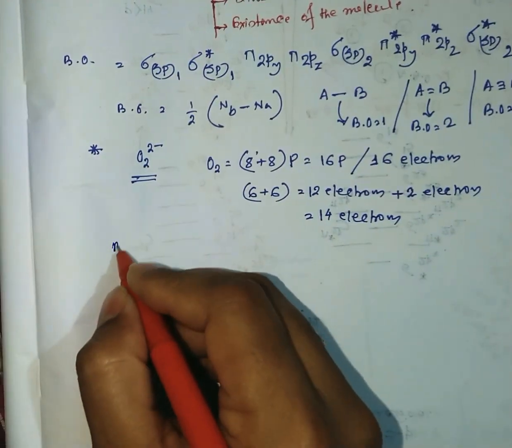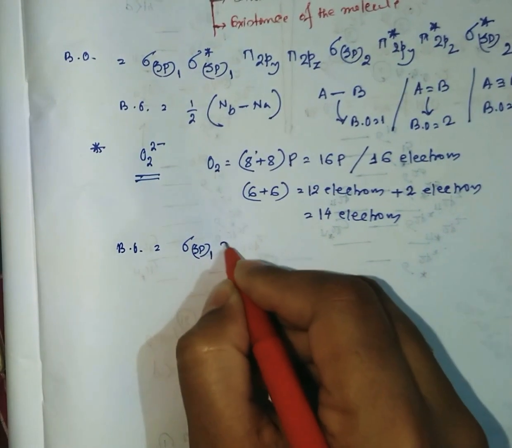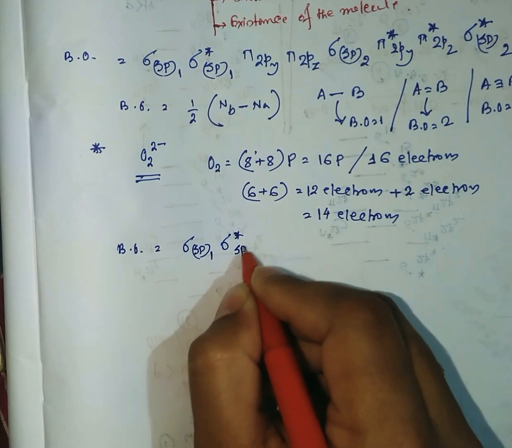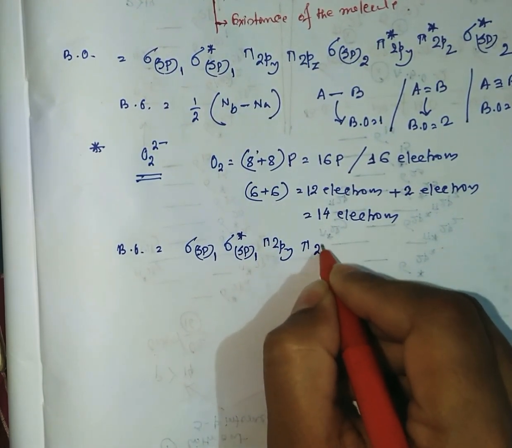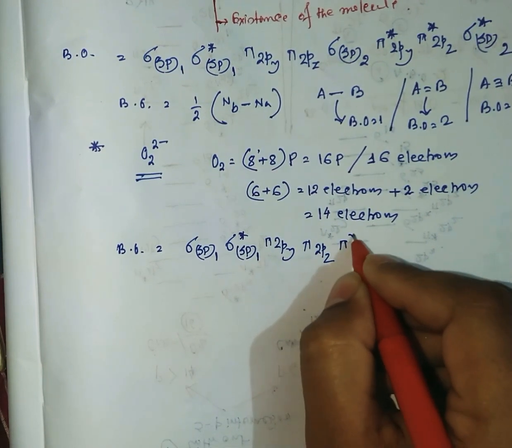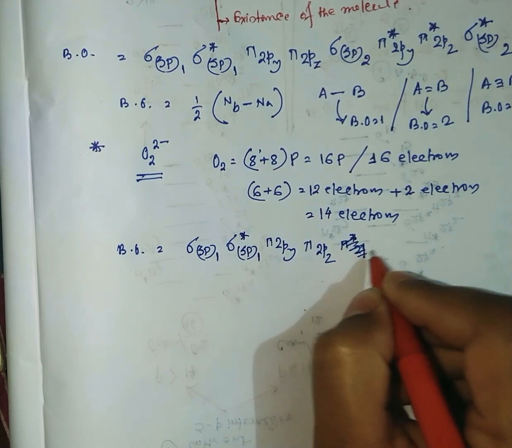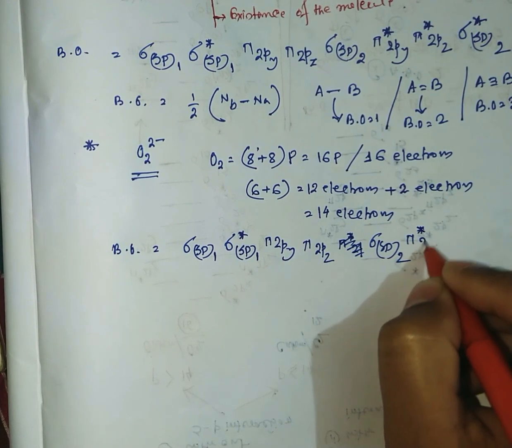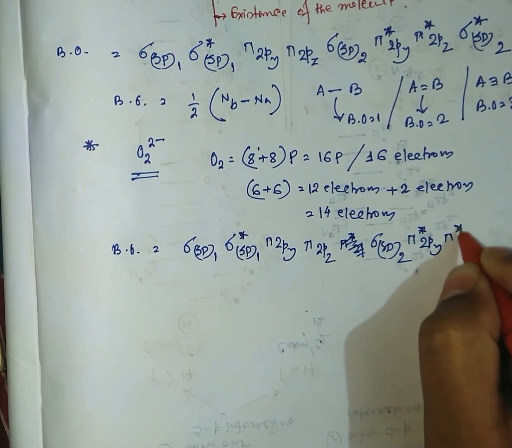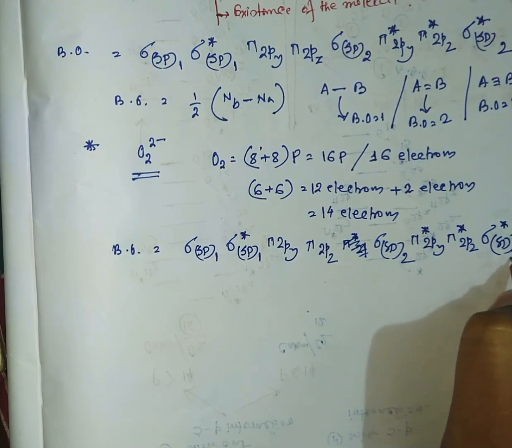If we calculate the bond order, then sigma 2s, sigma star 2s, pi 2py, pi 2pz, pi star, sigma 2p, pi star 2py, pi star 2pz and then sigma star 2p.